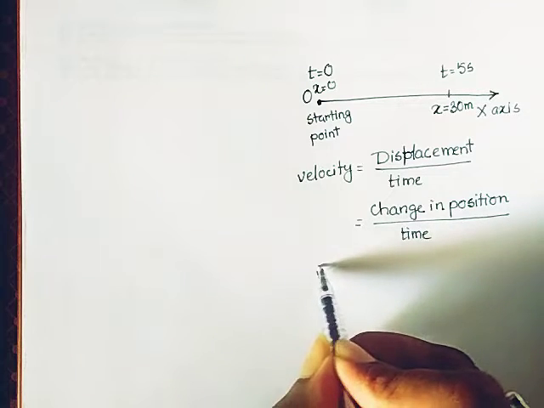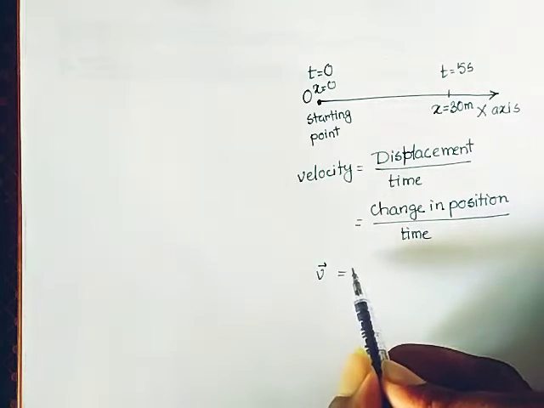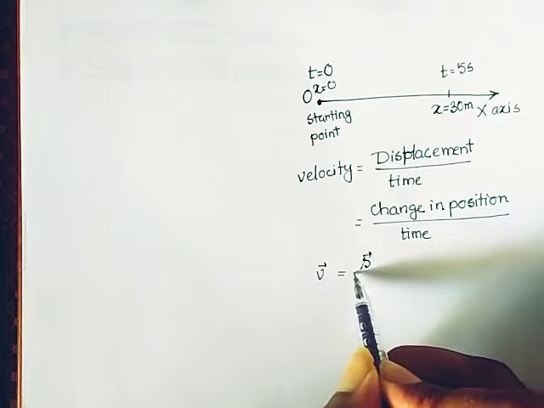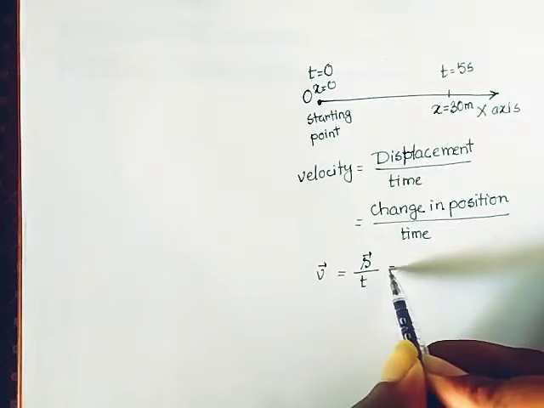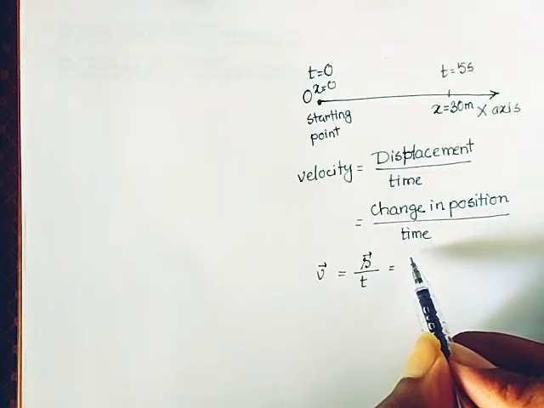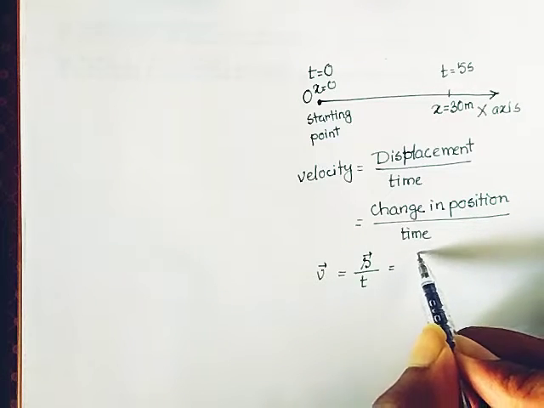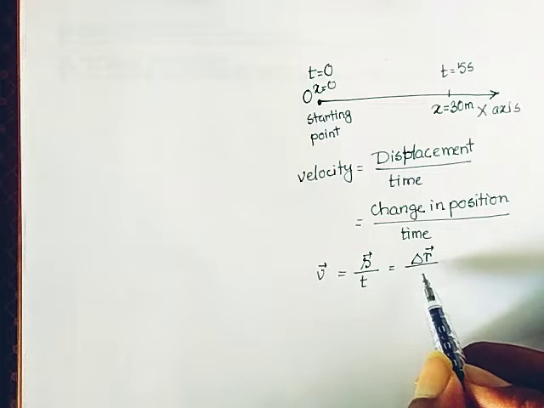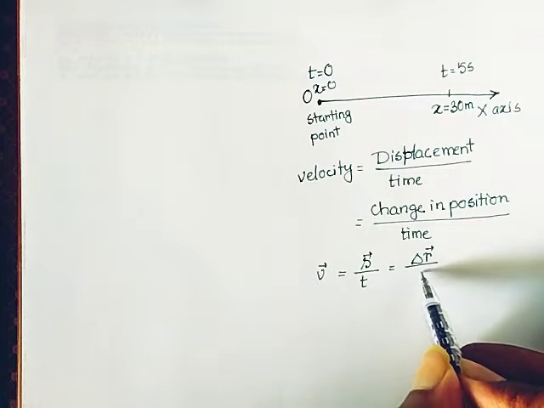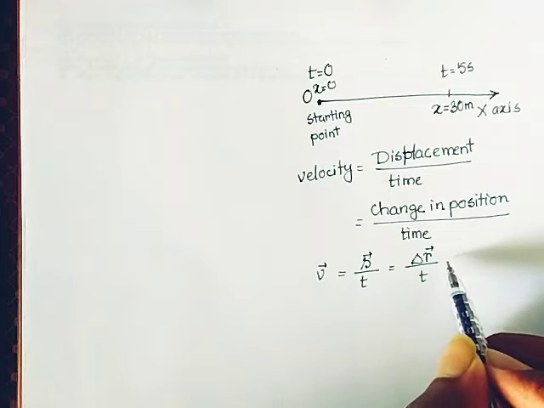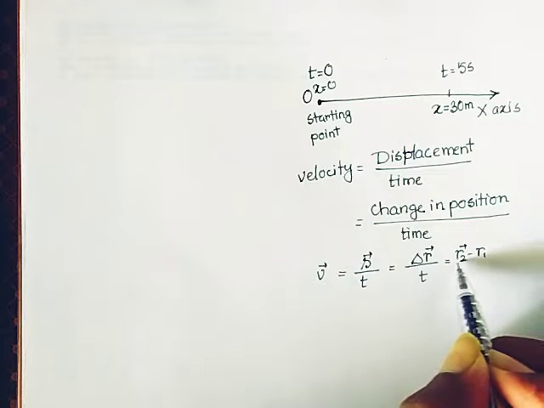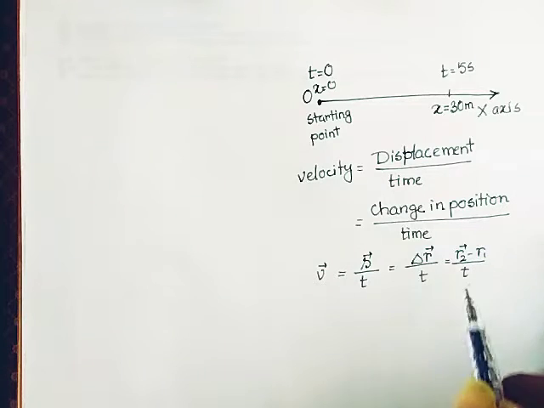The velocity basically tells us the change in the displacement, change in position, that is displacement divided by time. And we have calculated previously, if I denote it in terms of the change in position, if the particle moves along the straight line, then delta r vector divided by t, that is r2 vector minus r1 vector divided by t.